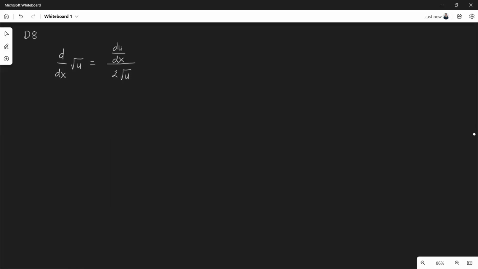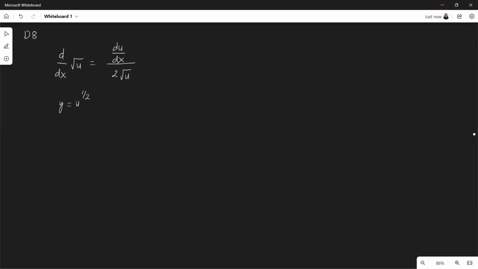Okay, so special case because the n is 1/2. So we can write again square root of u as u raised to the power of 1/2. Let's say that would be our y. So using the power rule, our n here is 1/2 and our u is u.